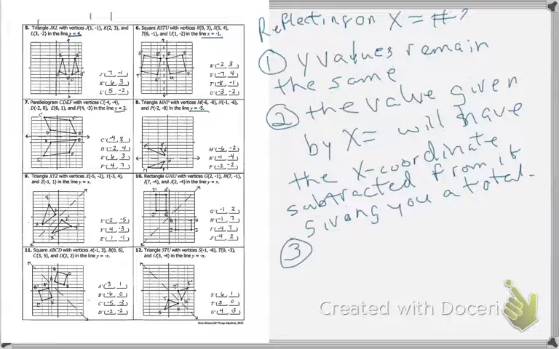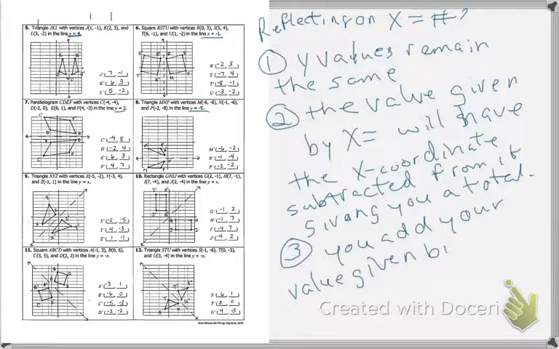Third step, this one is probably the most work you'll have to do. You add your value given by x equals to your total.